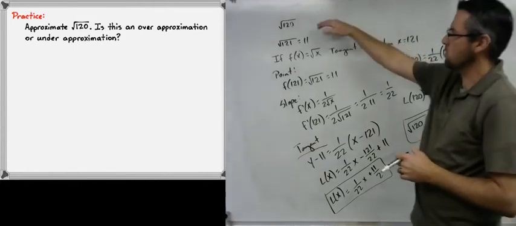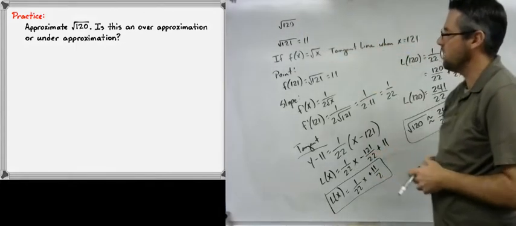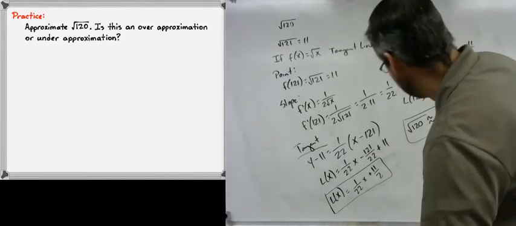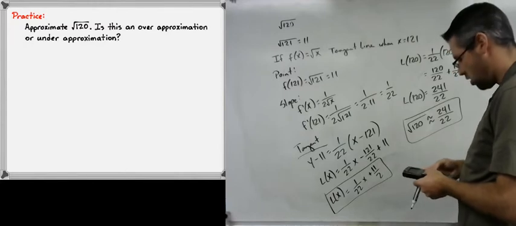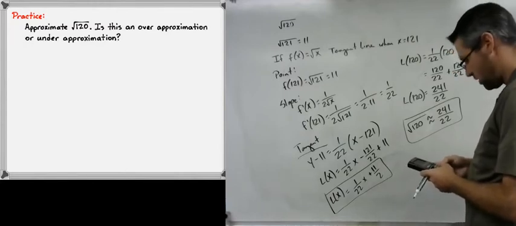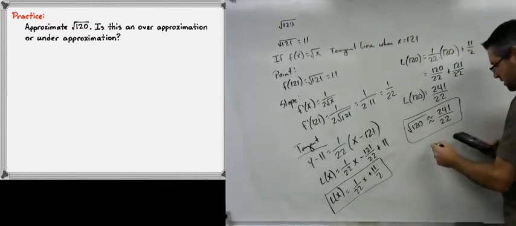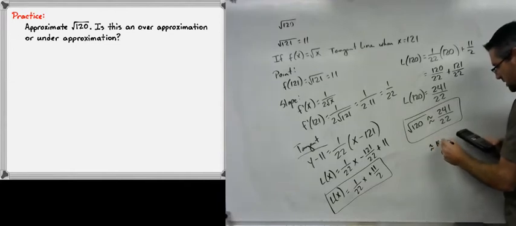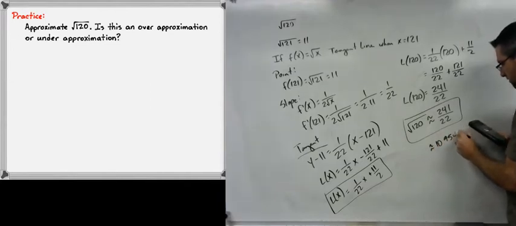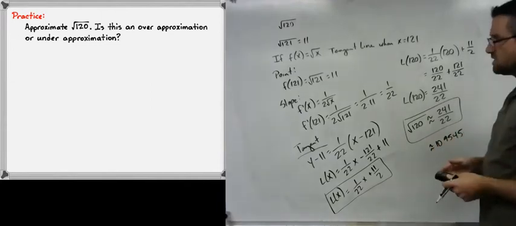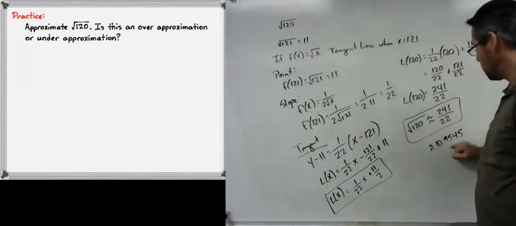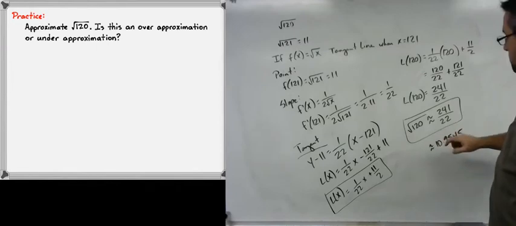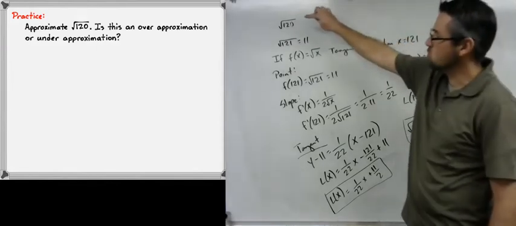Now we knew that the square root of 120 is a little bit less than 11, but let's go ahead and type it on our calculator just to see how accurate we are. If I said 241 divided by 22, that is approximately 10.9545. Now we can see, I don't know if that's actually an over approximation or an under approximation because I don't know what the actual square root of 120 is.